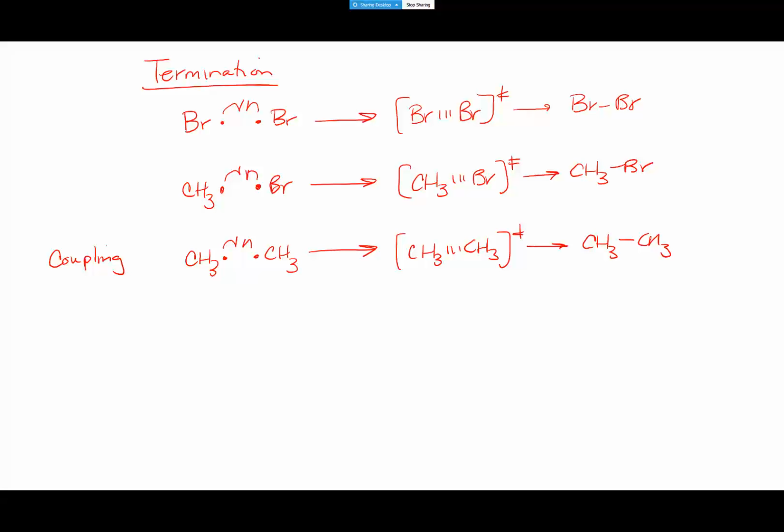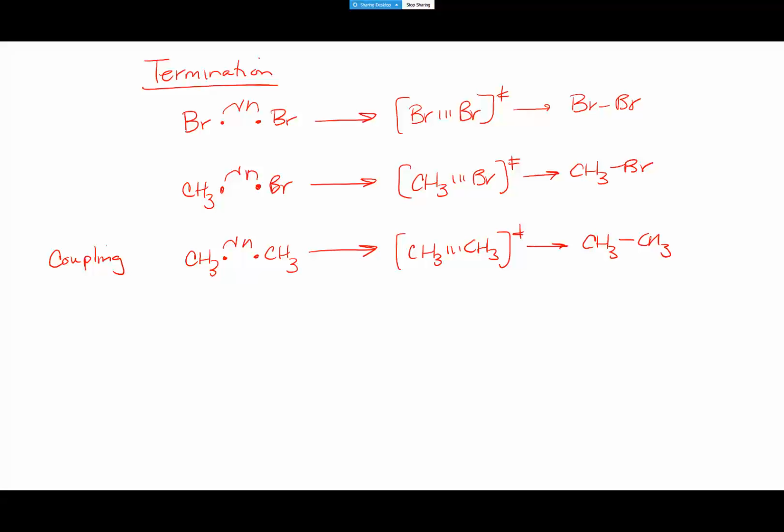You said that's how you stop the process. Is that controlled, or does that happen on its own? It happens on its own. There are probably ways to control this, but for the most part, if I just take some pentane in a bottle and add some orange bromine to it, and put it in the sun, the sunlight is enough to cause that reaction to occur.